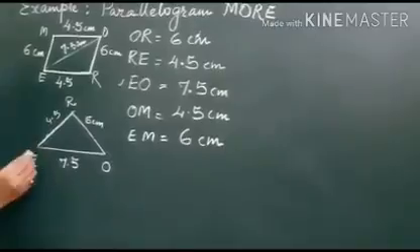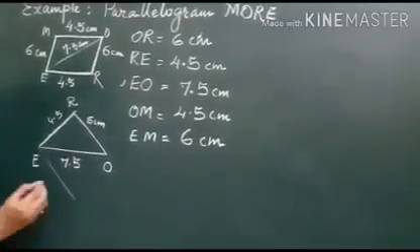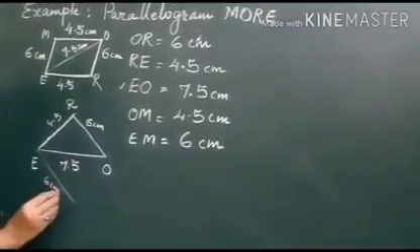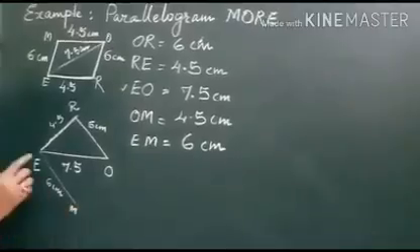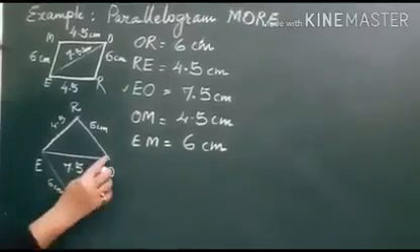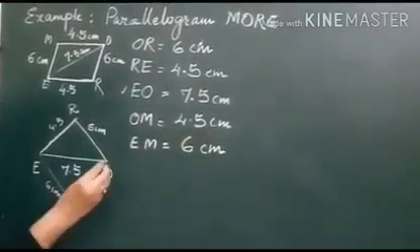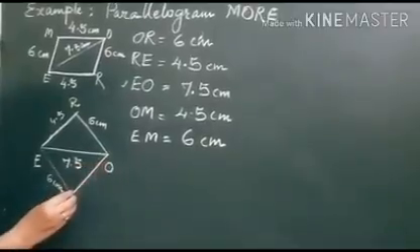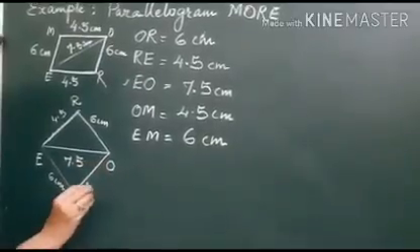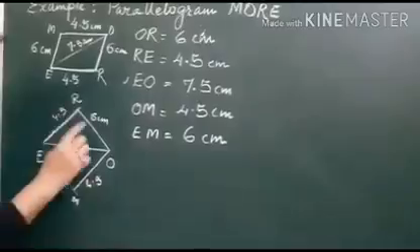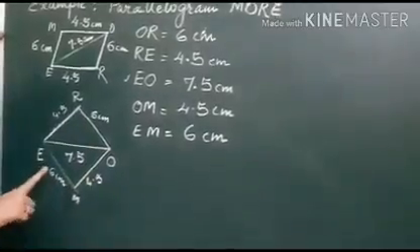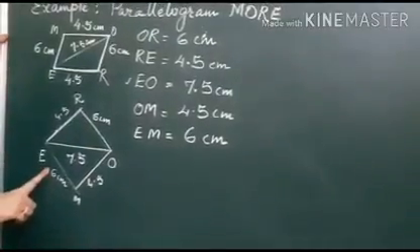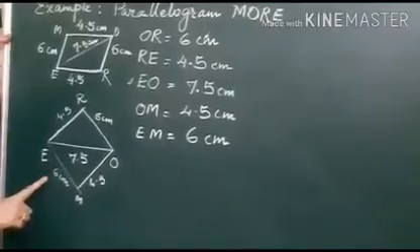So from E we will draw a 6 centimeter here. This will be somewhere M. EM is 6 centimeter and OM is 4.5. So from O we will get M, which is 4.5. So this is how we are going to get our quadrilateral. Now let's see how to draw it.